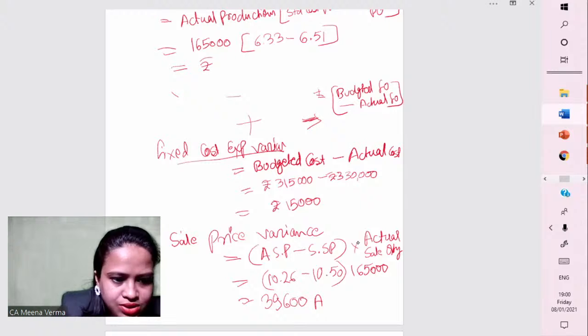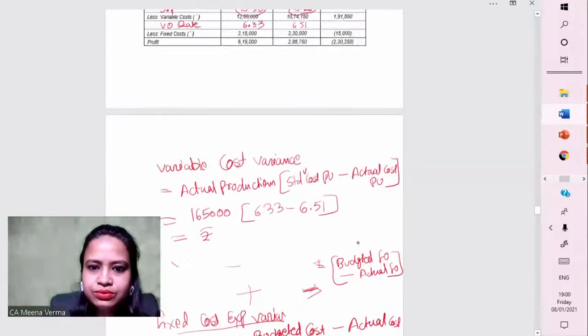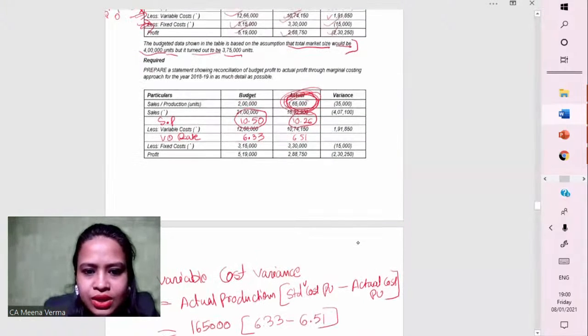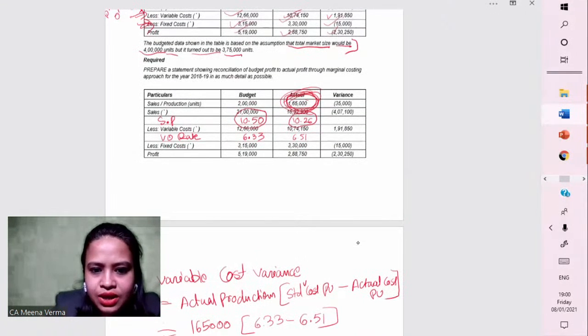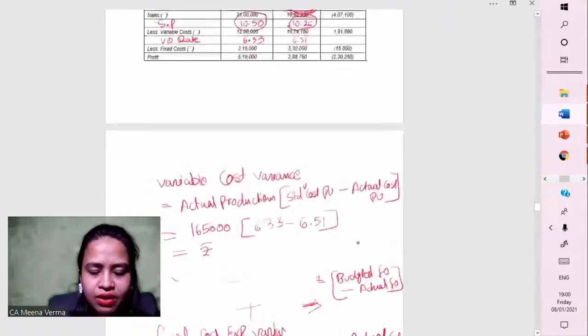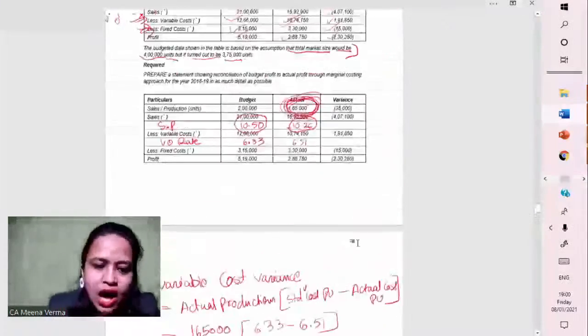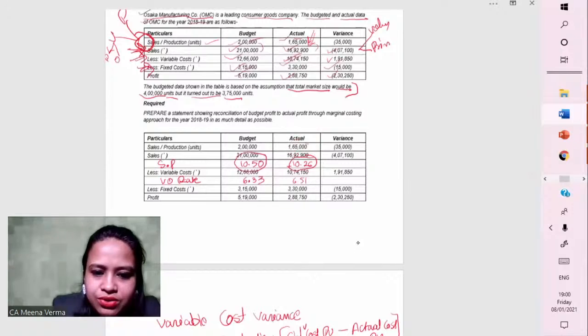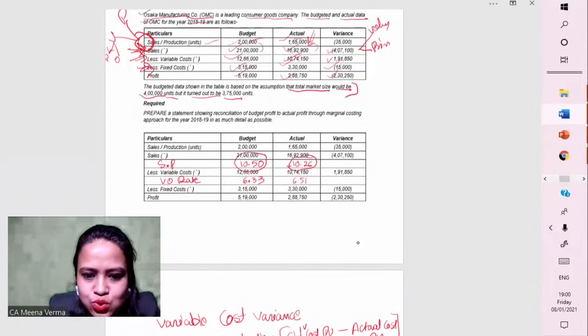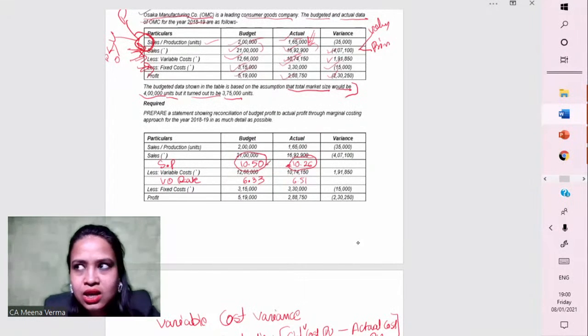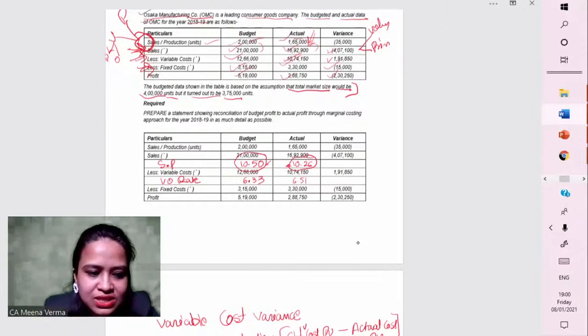Is it adverse or favorable? It should be adverse because the actual selling price is less than the standard selling price. How can I find whether this is favorable or adverse? You can see here that the actual selling price is less than the standard. It means it is adverse.